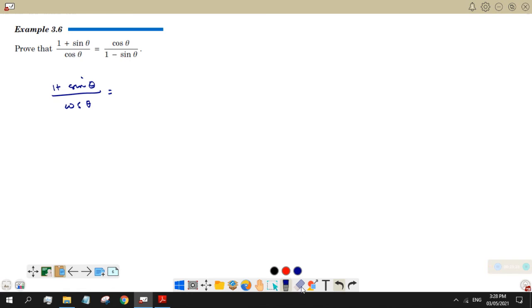Okay, try natin to. Hindi ko magawan kaagad ng relationship kung paano siya isosolve ng mas mabilis. Kasi puro tayo squared, 'di ba? Wala tayong 1 plus sine theta lang. So, let's try it this way.